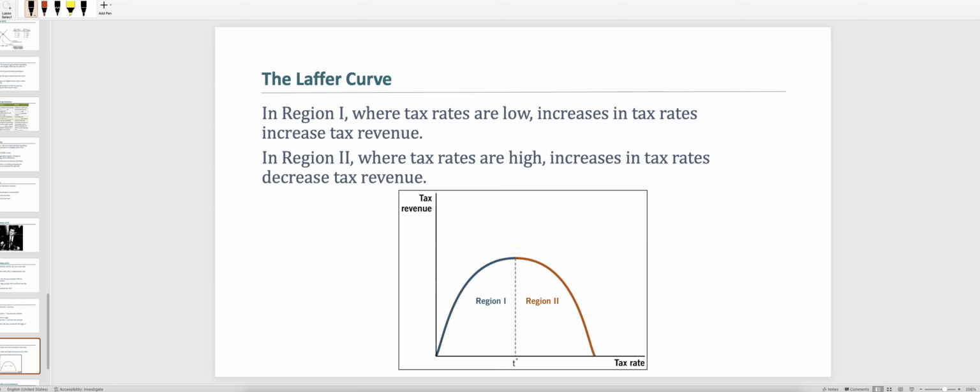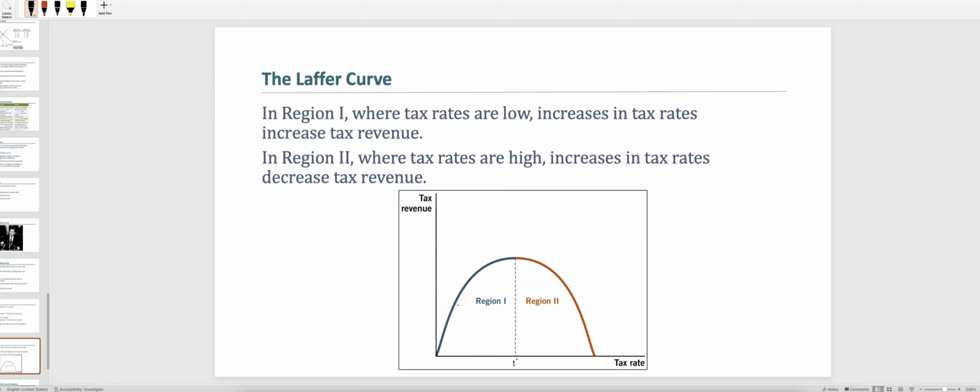He was at the University of Chicago. His basic argument was that the tax rate was too high. He actually thought we were somewhere in region 2. The idea was that by reducing the tax rate, you could increase tax revenue. And really the debate between Republicans and Democrats is whether we are in region 1 or 2.